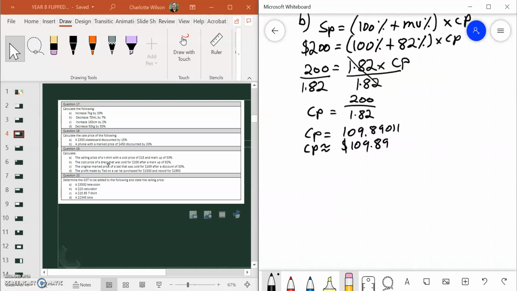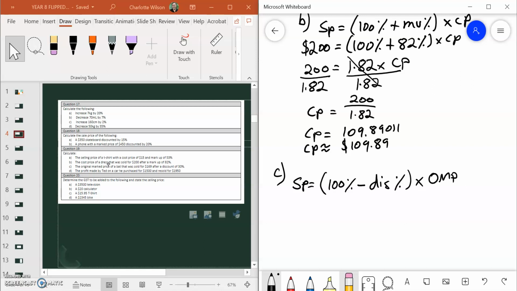For C, again, it's another working backwards one. So C asks us to find what's the original mark price of a bat that was sold for $169 after a discount of 30%. So our sale price equals 100%. Now this one's been discounted, so it's minus the discount percentage times by our original marked price.